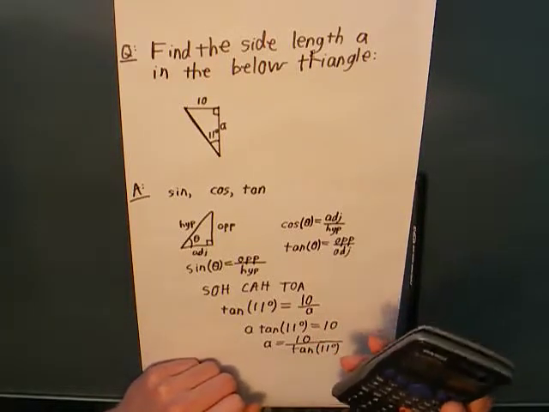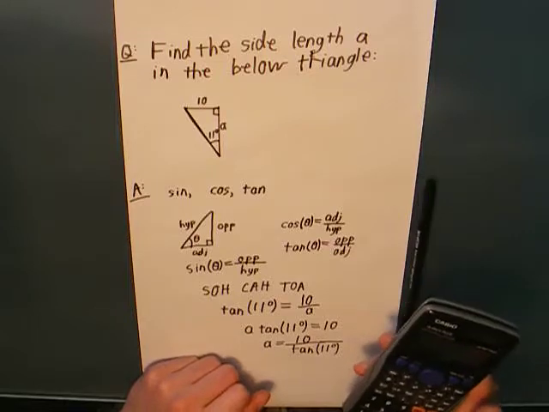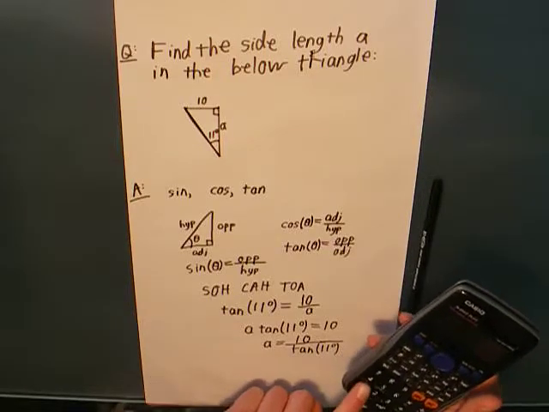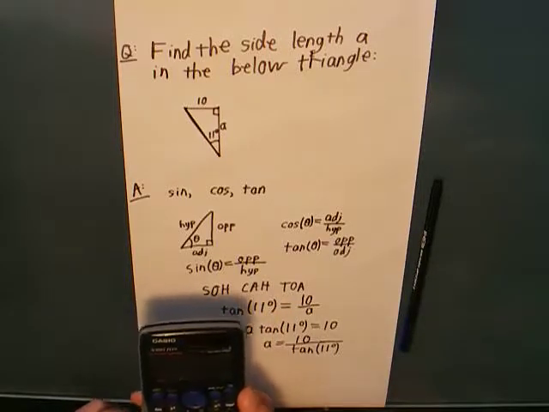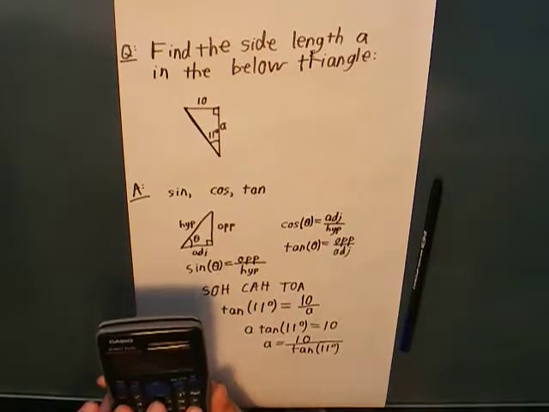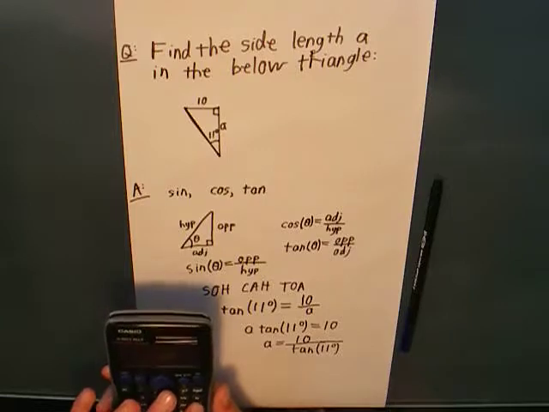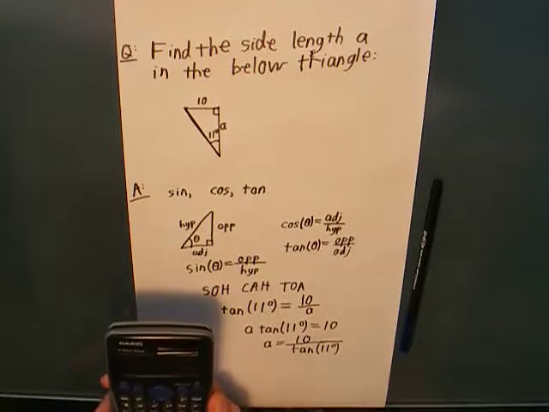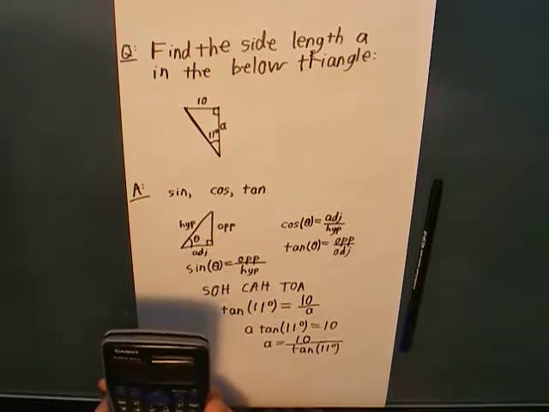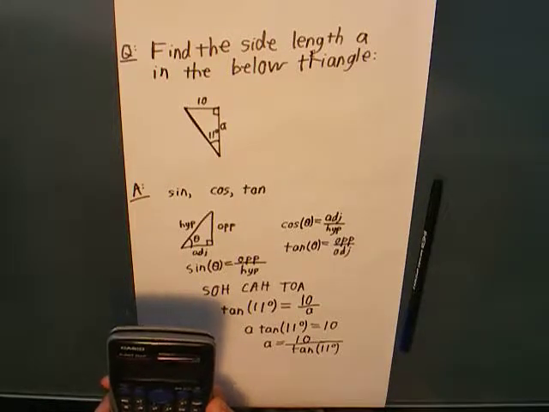So let me switch it on. Now I've got 10 over, and I'm going to press the tan button. Your calculator will probably have something like this as well. I'm going to type in 11, with a close bracket, and get my answer.